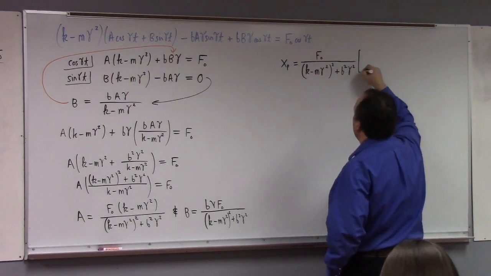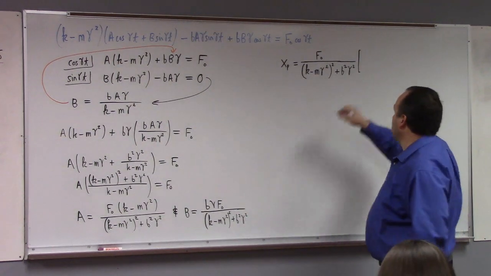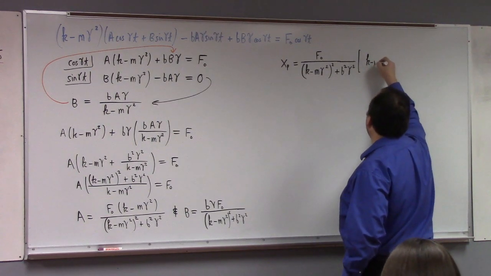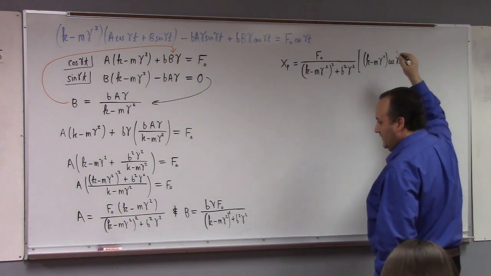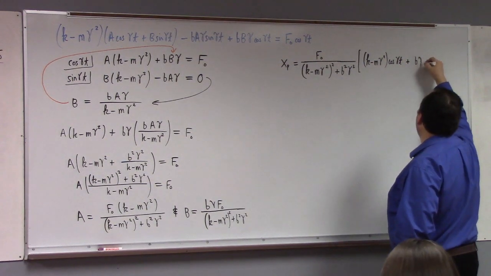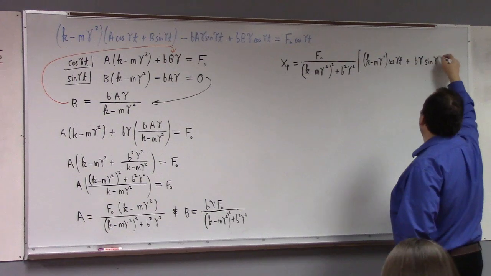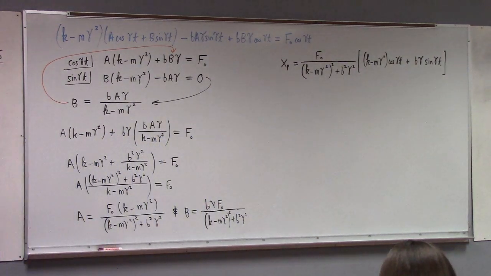But then for the cosine term, I get (k minus m gamma squared) cosine gamma t, right? And for the sine term, I get plus b gamma times the sine of gamma t. This is again the time I check my notes before I invest any more effort into simplifying this here.